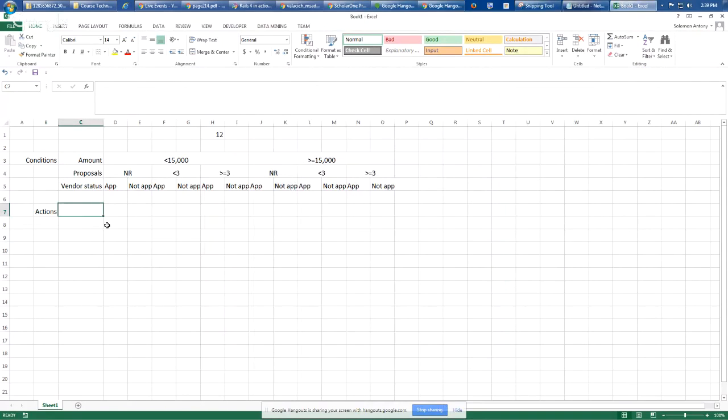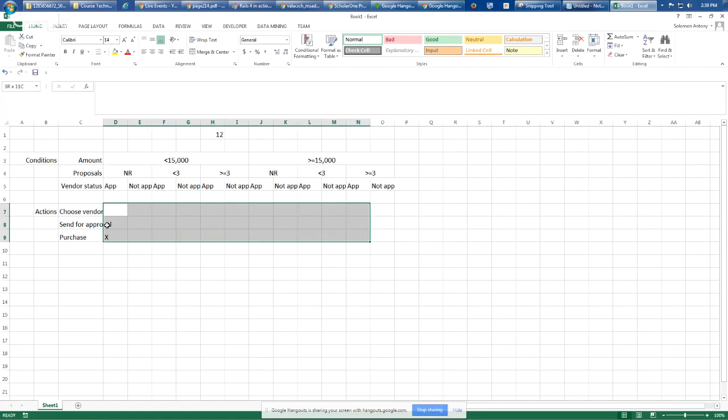So our actions could be, let's say first thing we'll do is choose to use vendor, and send for approval, then make a purchase. So if amount is less than 15,000, you don't need proposals, and vendor status is approved, then you can go ahead and purchase. And these are our action areas.